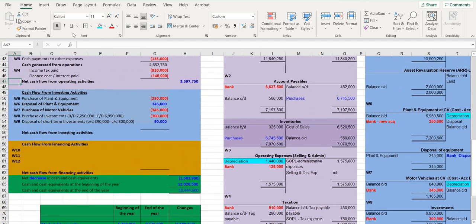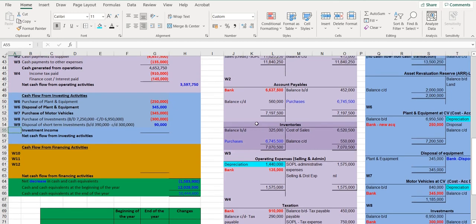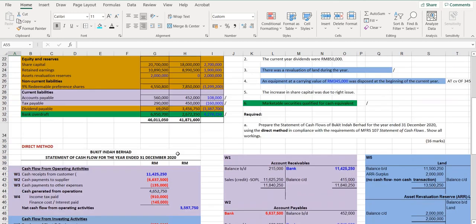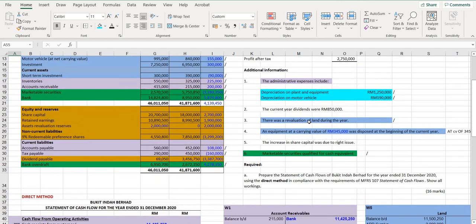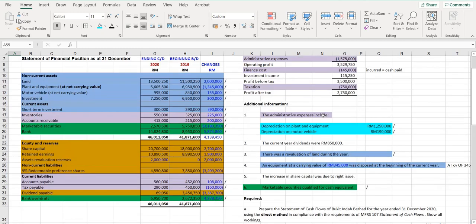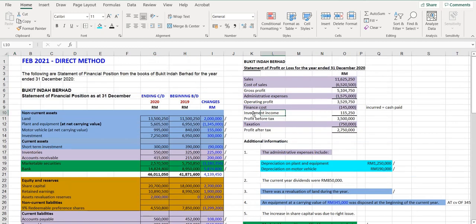The last item under your investing activities is normally your interest income and your income from investment, or investment income. So investment income here is the one that is generated from the dividend and also from the interest on investments you may have made outside your company, and that gives you the investment income.